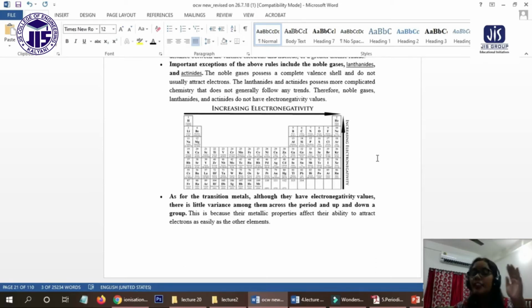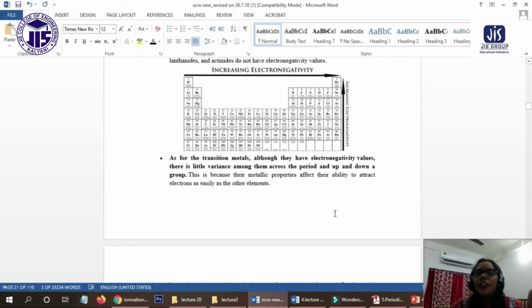And electronegativity is the tendency to attract the bonded electron towards itself. So these are some of the differences that we have.